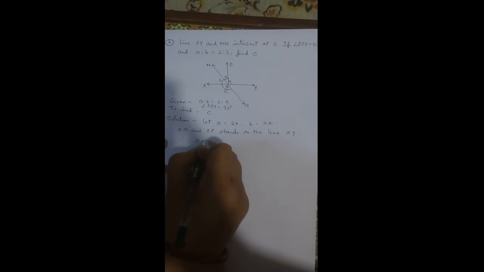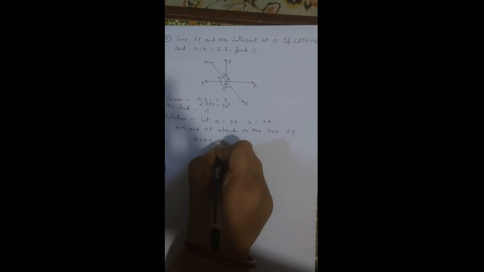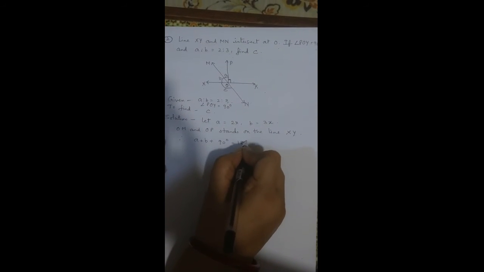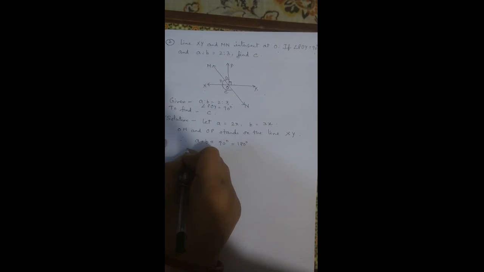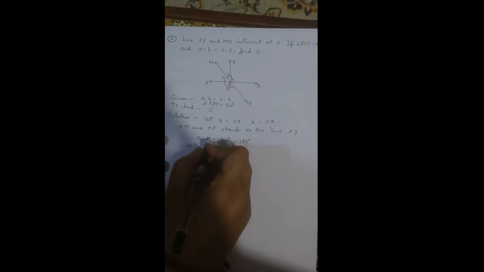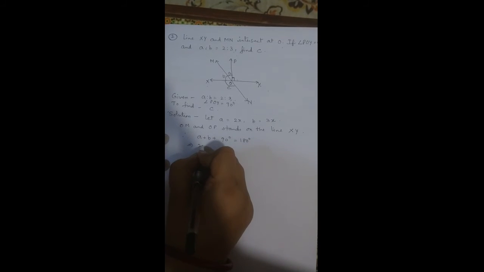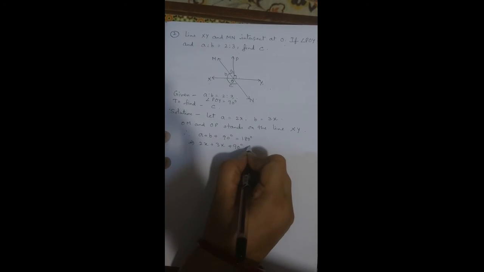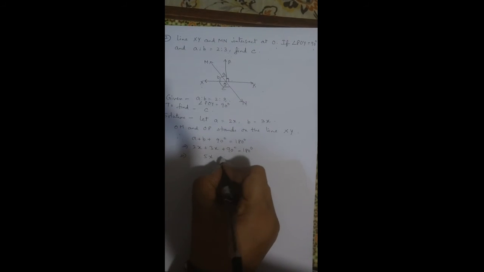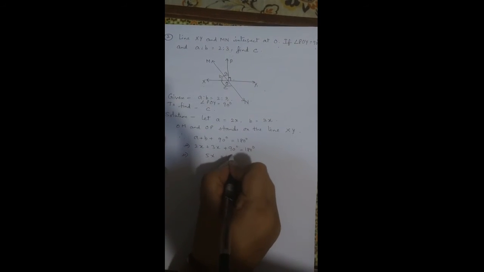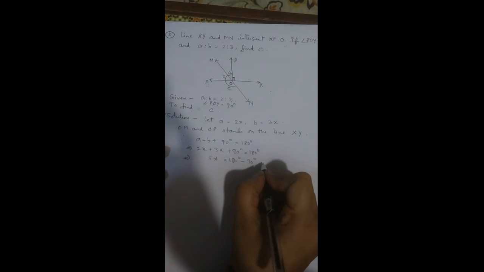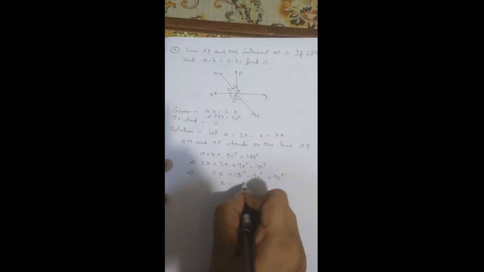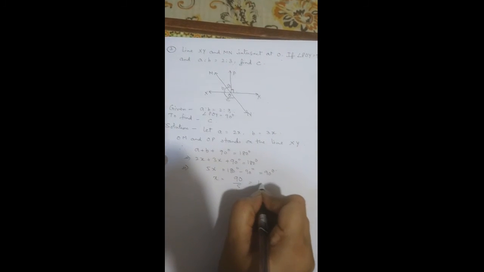Therefore, A plus B plus 90 degree equals 180 degree. This implies 2x plus 3x plus 90 degree equals 180, or 5x equals 180 minus 90 degree, that is 90 degree. Or x equals 90 by 5, that is 18 degree.